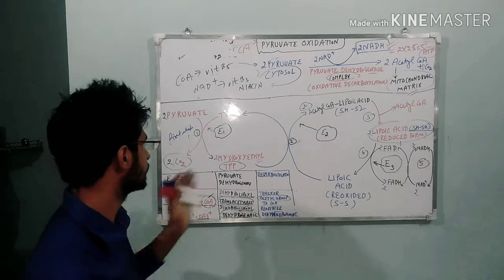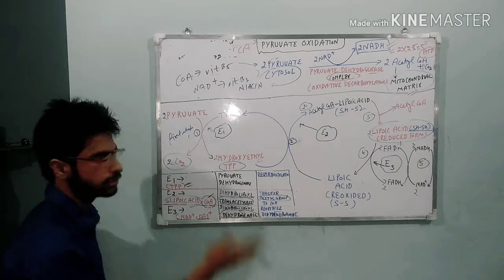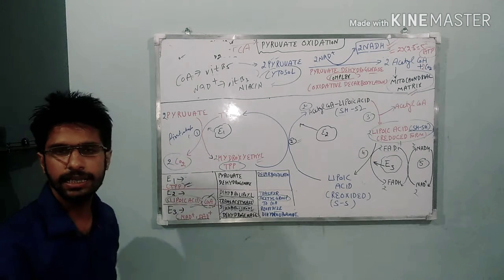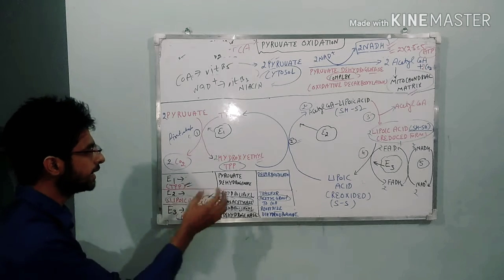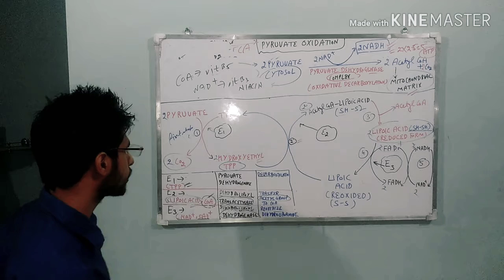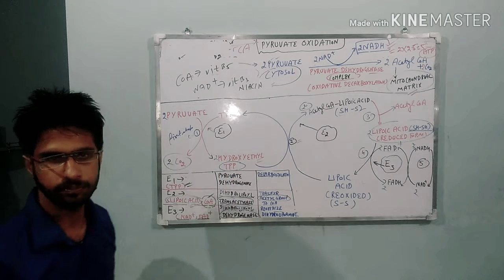Let's revise the things once more. From the glycolysis, we are getting two pyruvate molecules. CO2 is removed in the presence of the enzyme pyruvate dehydrogenase, and as the coenzyme is there, thiamine pyrophosphate, we are going to get the 2-hydroxyethyl thiamine pyrophosphate.